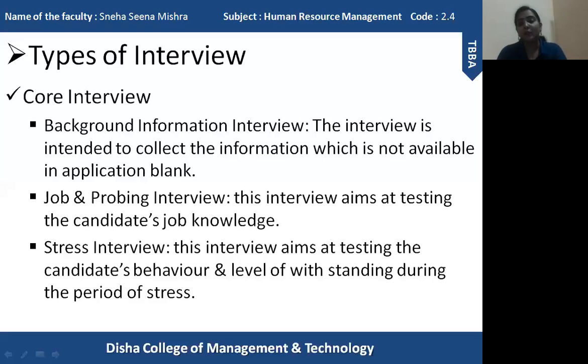They can see whether the behavior changes, whether the person is not able to handle stress, what level of stress the person can easily handle, and if the level of stress is increased, whether the candidate is even able to handle that higher level of stress or not. These kinds of things are revealed in this session.